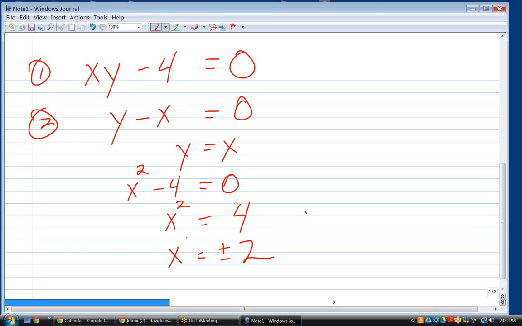Now, the reason I said I'm not sure that's the best way to solve it is because 90% of the students forget the plus or minus. So there's another way to solve it. Notice that that is the difference of perfect squares.